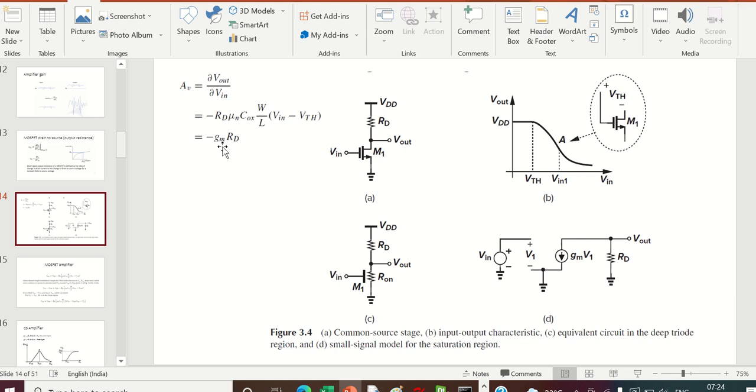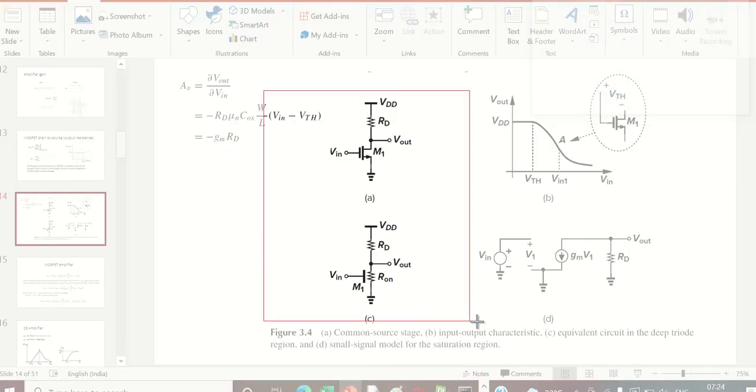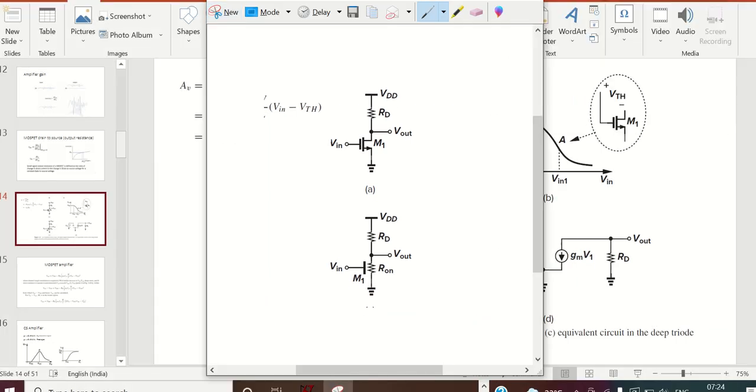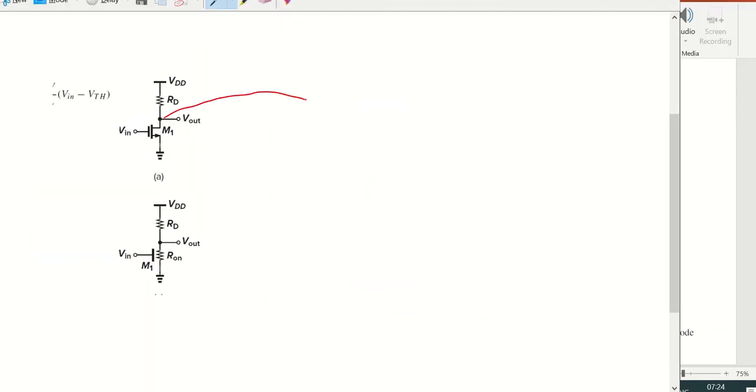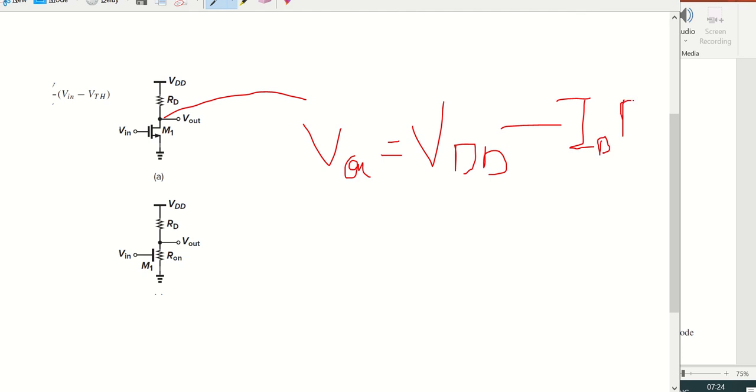So this V out here, what is this? If I have to tell what V out is, V out is VDD minus ID times RD.